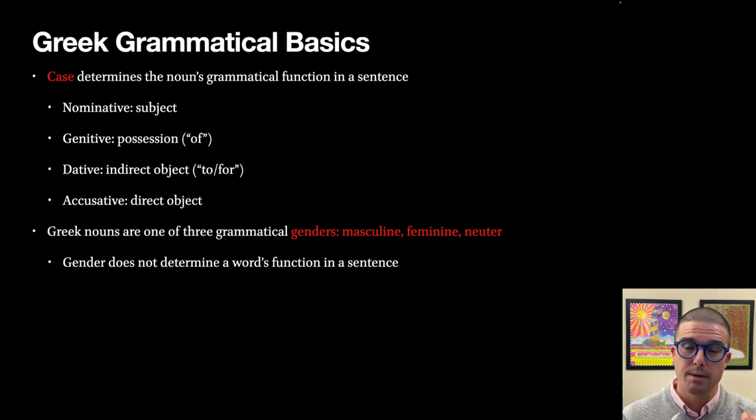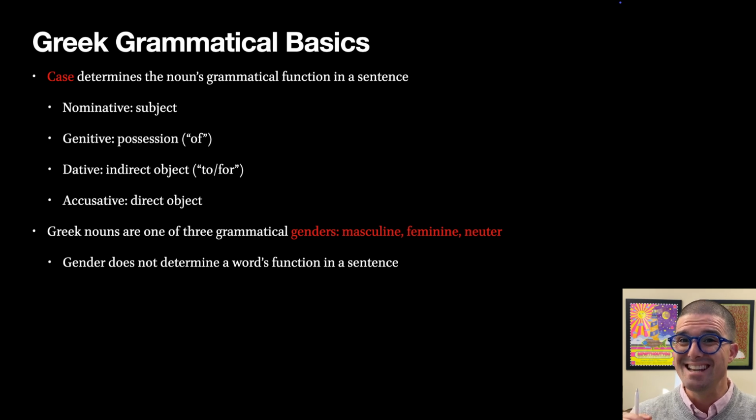But generally speaking, more often than not, a particular word being a particular gender biologically does map up grammatically, but that's certainly not always the case. So don't equate grammatical gender with biological gender.